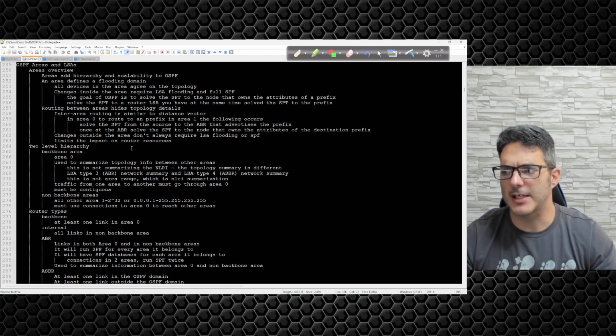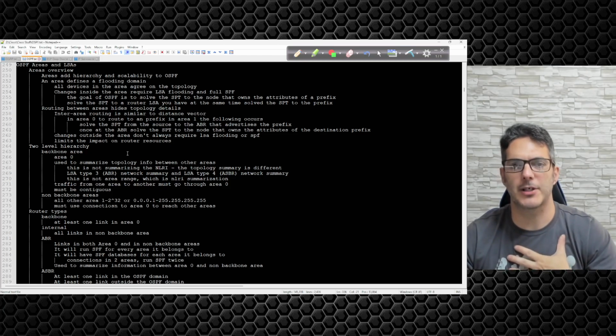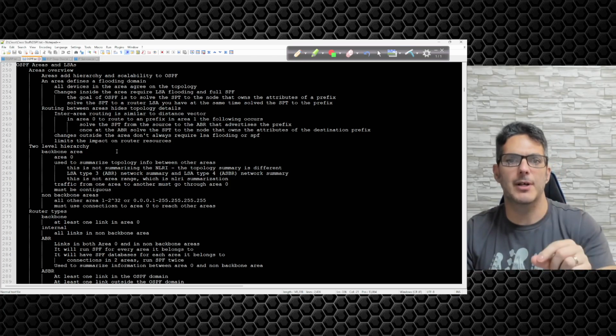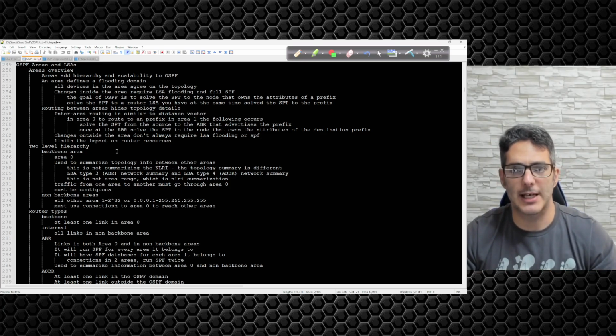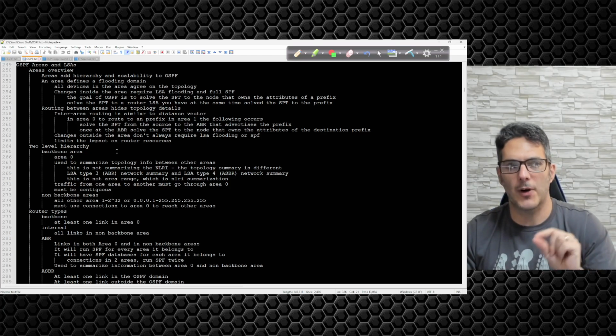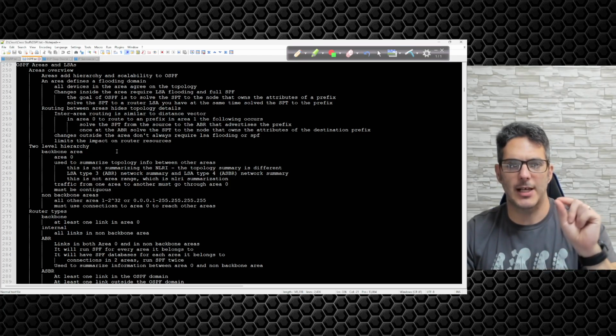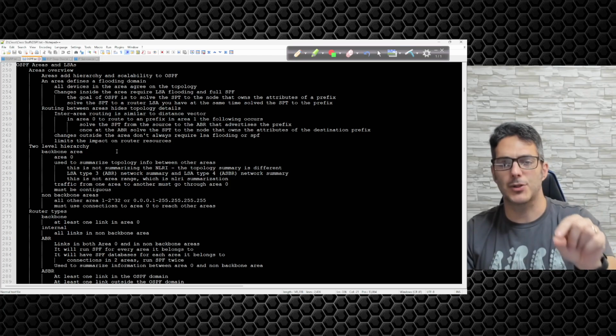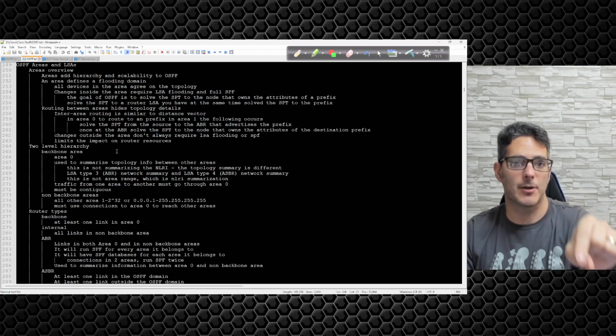There's going to be a type 3 LSA generated. If I'm in area 0 and you're in area 1, I have to pass through an area border router, an ABR, in order to get that. I have to figure out what the shortest path tree is to the ABR, because the ABR is going to generate a type 3 LSA for every type 1 LSA that's in area 1.